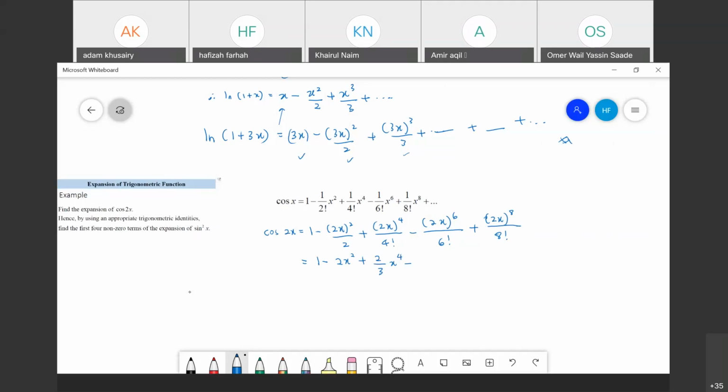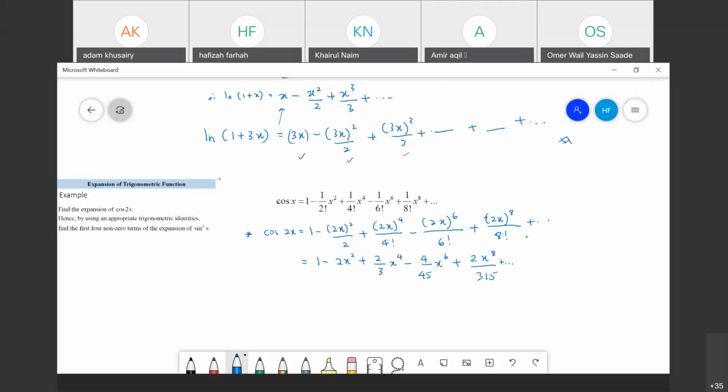Then this will be 4 over 45 x to the power of 6. And the last one will be 2x to the power of 8 over 315. So this is the expansion of cos 2x.